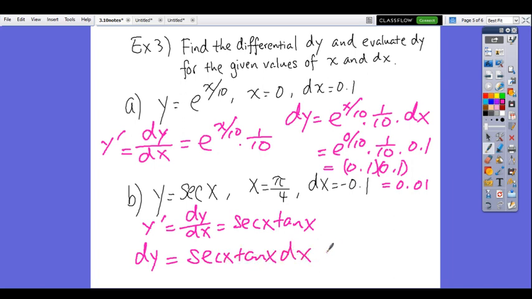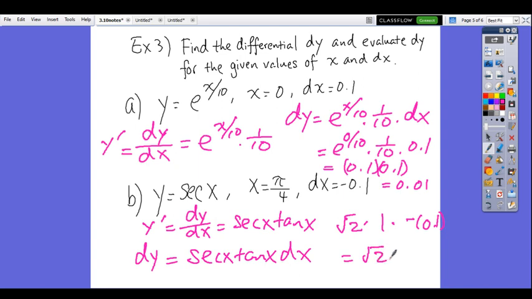And then by plugging in the number, secant of pi over 4: cosine of pi over 4 is root 2 over 2, or 1 over root 2. So secant of pi over 4 will be root 2. And then tangent of pi over 4 is 1, and then times negative 0.1.